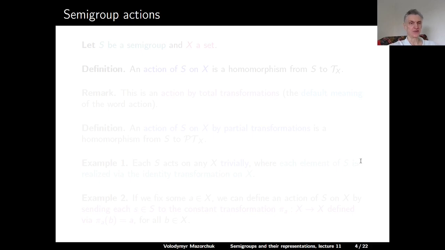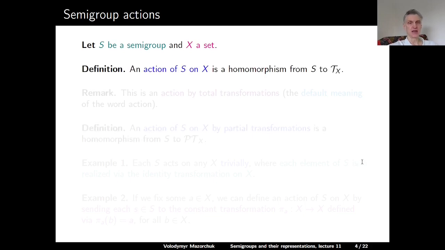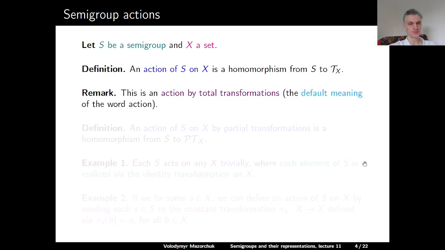So let's start by defining what a semigroup action is. Let S be a semigroup and X a set. Definition: an action of the semigroup S on this set X is a homomorphism from S to the semigroup T_X of all total transformations of X. Remark: this is an action by total transformations, and that's the default meaning of the word action.